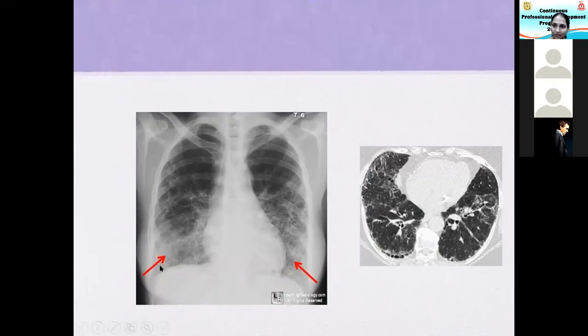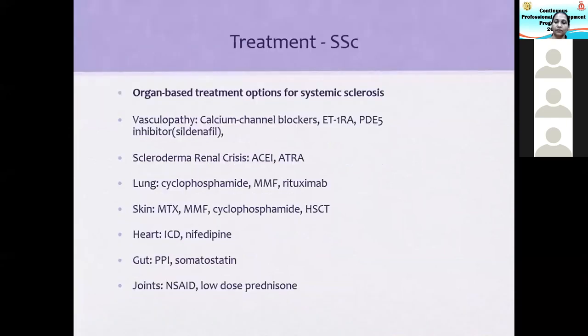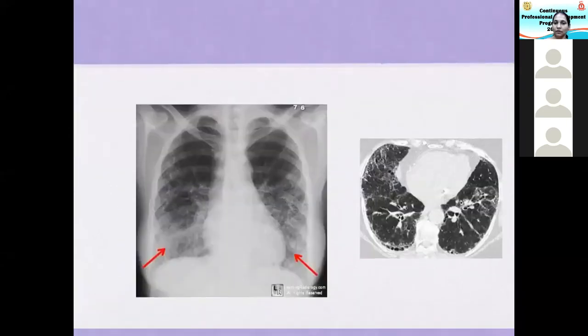On the X-ray, you will see a reticulonodular pattern, and if you suspect pulmonary involvement, interstitial lung disease, pulmonary function tests with the diffusion quotient of DLCO, carbon monoxide diffusion, have to be calculated.